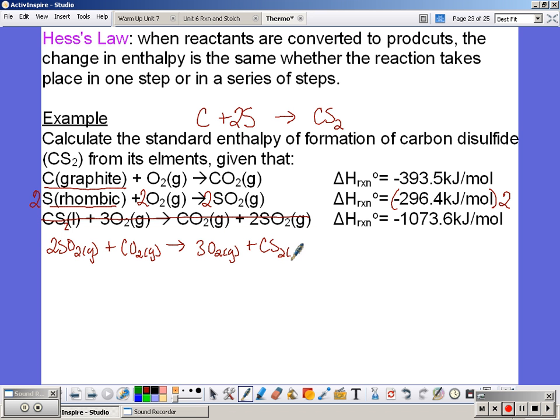And that means we're also going to flip the sign for the heat of reaction. So now we have a positive 1073.6 kilojoules per mole.